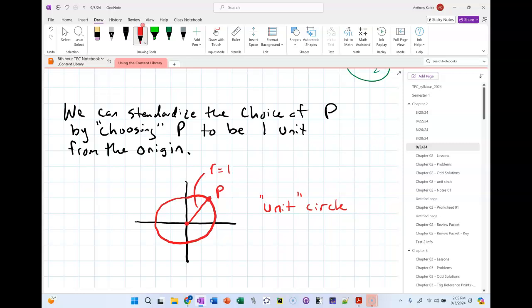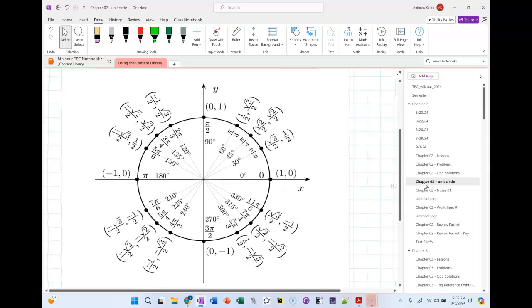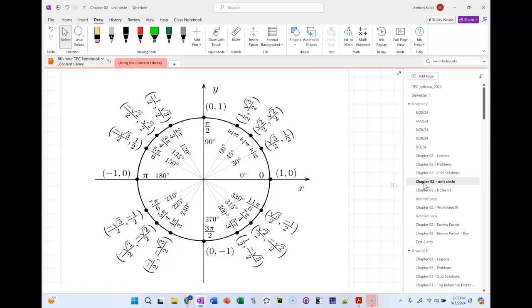Now, in this class, when we talk about the unit circle as opposed to a unit circle, the unit circle that we're talking about is this guy right here. I'll give you a paper of this printed out next time we meet, okay? But until then, you have it digitally in the content library on your OneNote. But I'll give you a physical piece of paper next time.